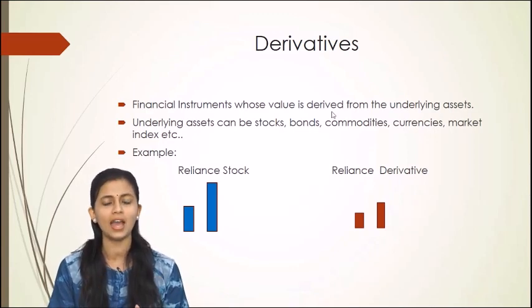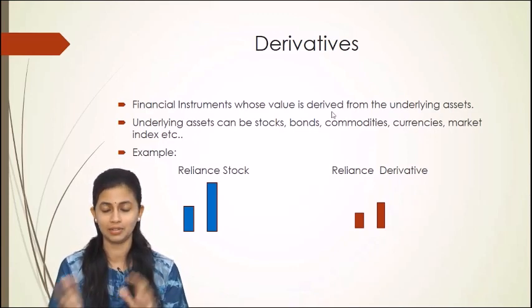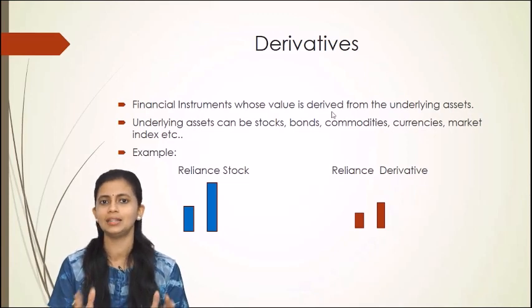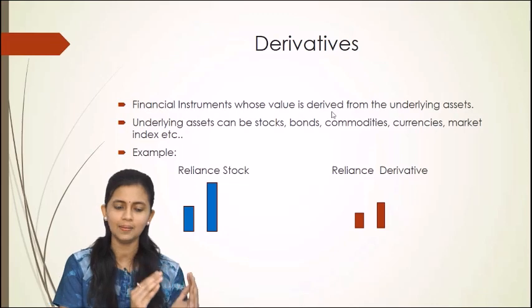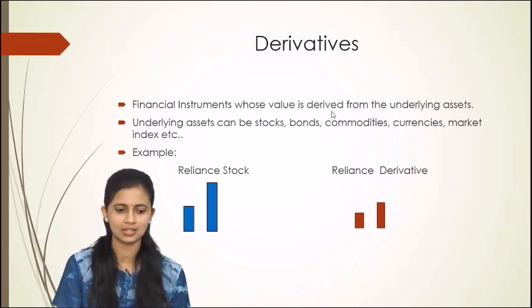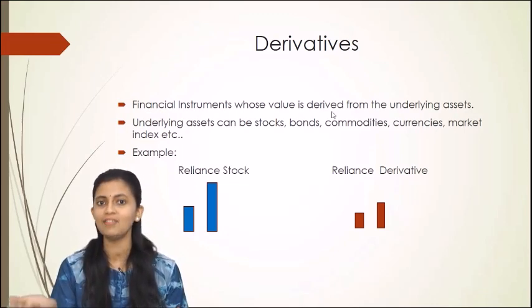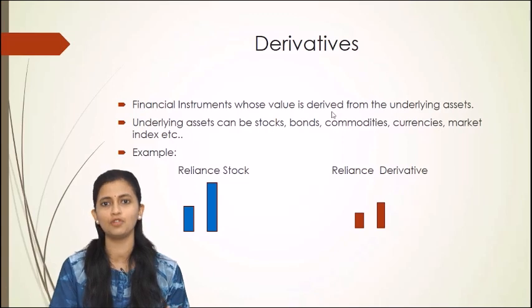If I have to give an example relating it to the stock market, say the Reliance stock. The Reliance stock is the underlying asset. Now, what is the derivative of this Reliance stock? The derivatives of the Reliance stock are the options and the futures.